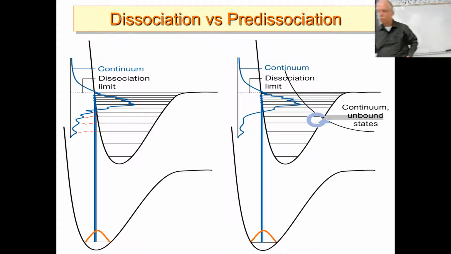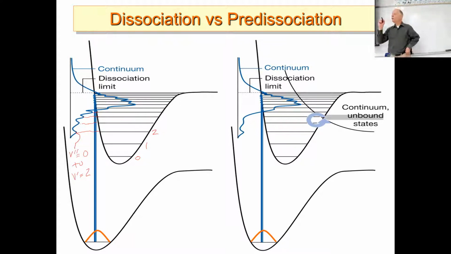Okay? And so you could assign this, and this is what you'll do in your lab. Like this peak right here will be V double prime equals 0 to V prime equals, and so this is 0 here, 1, 2. So 0, 1, 2. So that's going to be V prime equals 2.